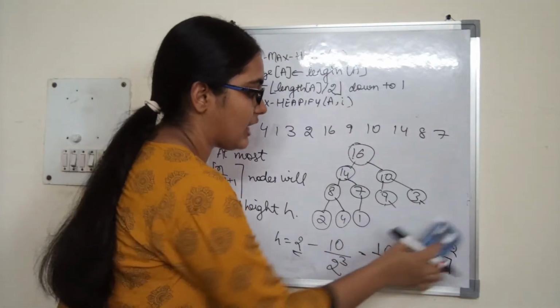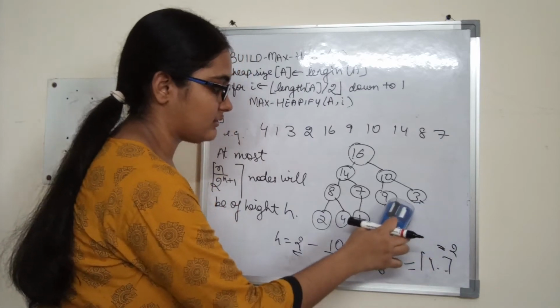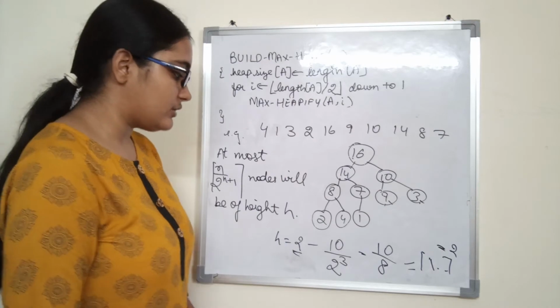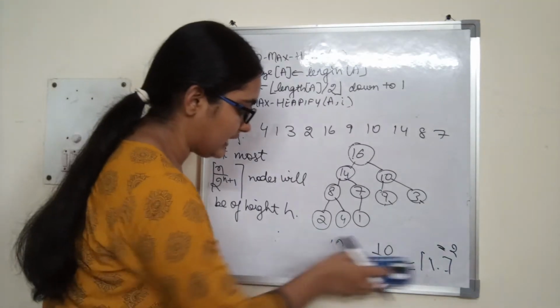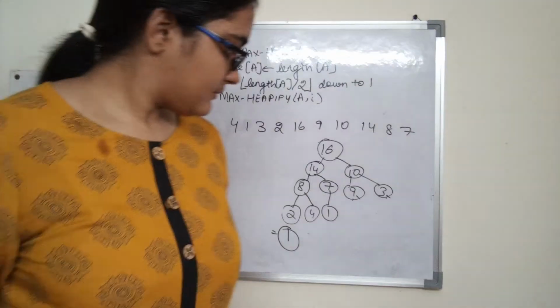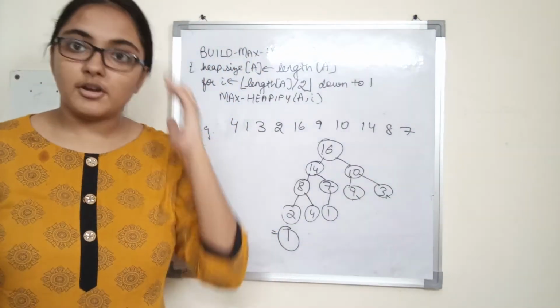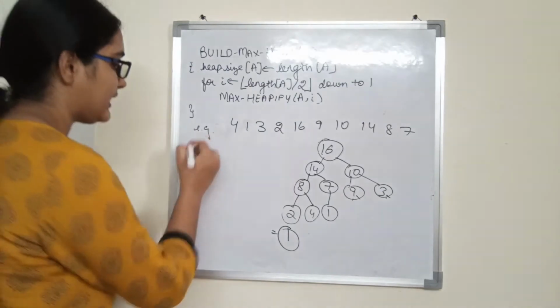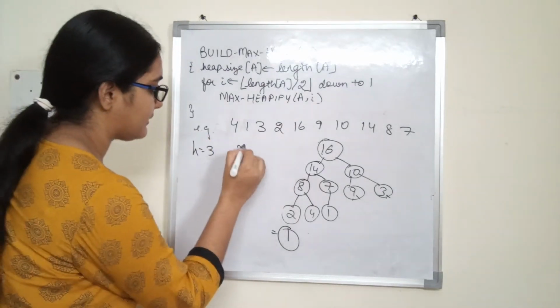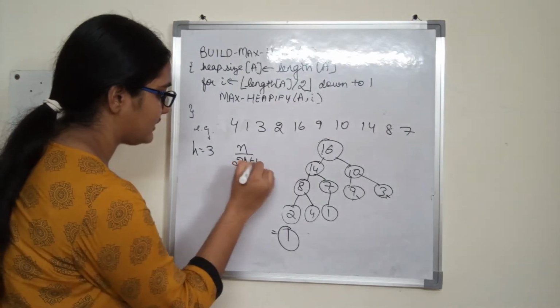Now let us see nodes of height 3. How many nodes are of height h equal to 3? So how many nodes should be of height h equal to 3 at max? n by 2 power h plus 1.